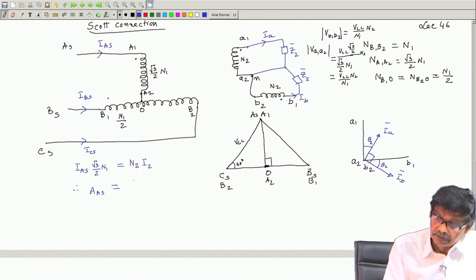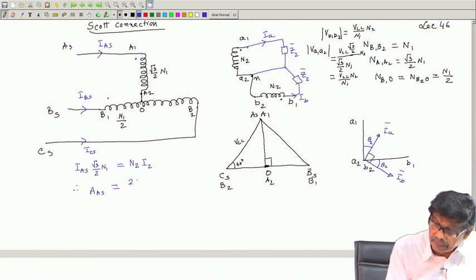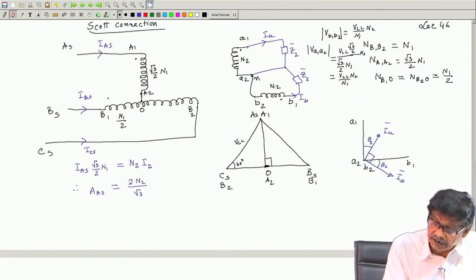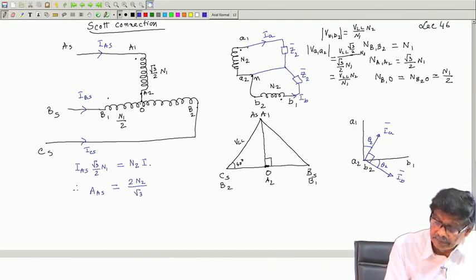will be equal to 2 N2 by root 3, and here I made a mistake, it is not I2 but small IA, into IA by N1.